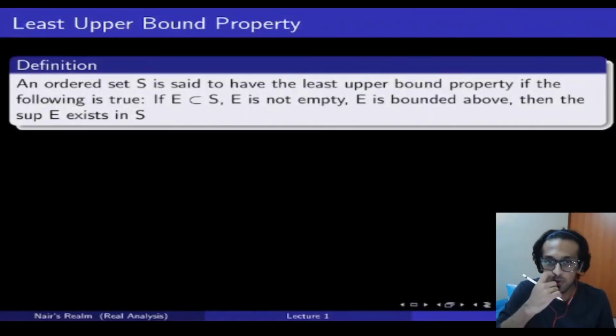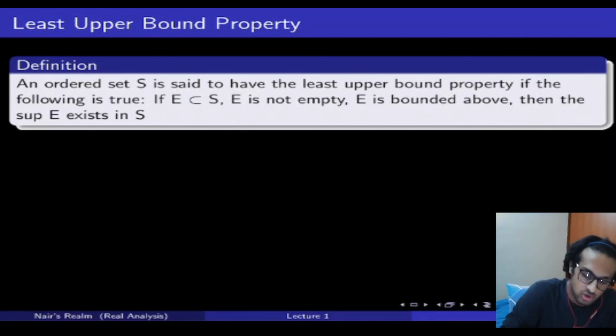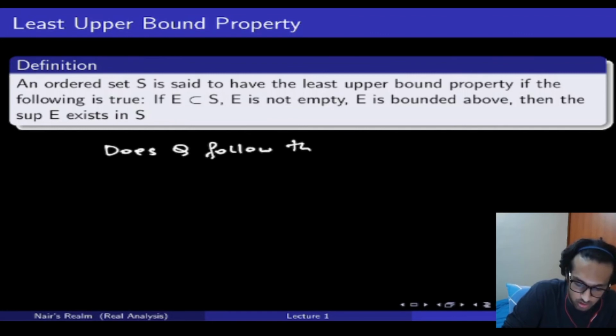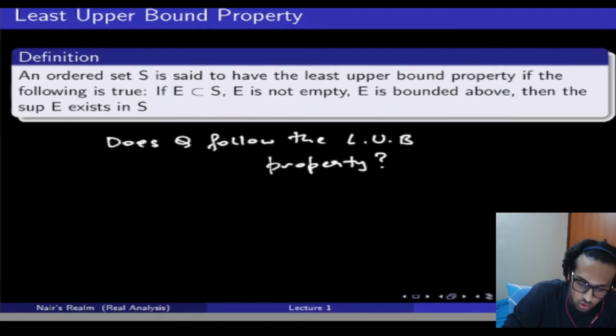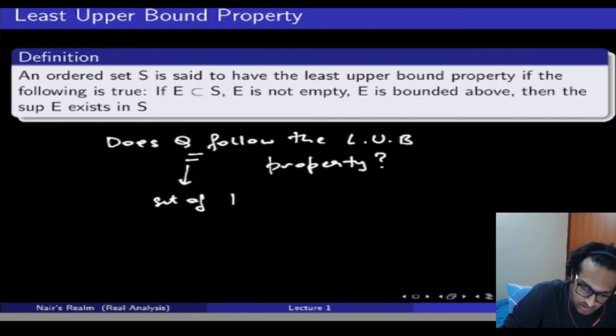Now I'm going to leave you with one question, and you can think about it, and that'll be the first thing I discuss in the next lecture. Does Q, the set of rationals, follow the LUB property?